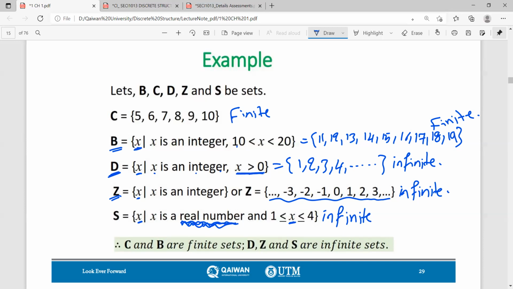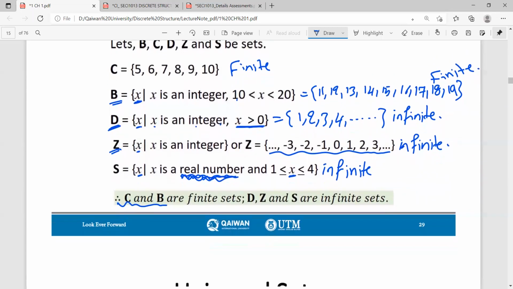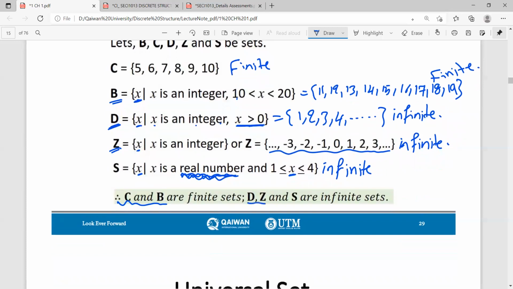But between two real numbers, we have infinite real numbers. That's why we say this set is infinite. And it's written here, C and B are finite, and the others, D, Z, and S, are infinite sets.